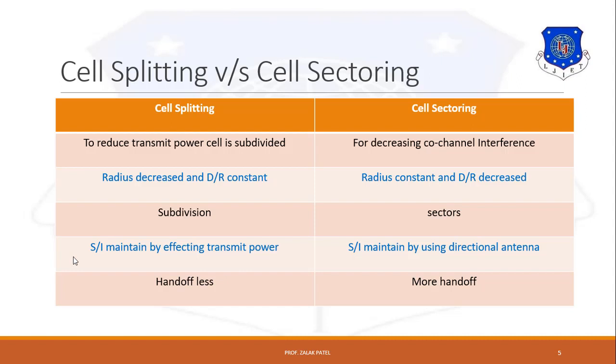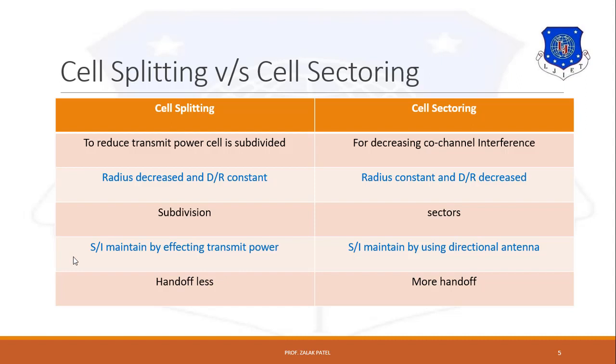Here, to maintain a good amount of signal strength and to decrease the interference level, the transmit power is maintained at such a level, while cell sectoring improves the S by R ratio by using different types of directional antenna, or by putting the directional antenna at the edges of different cells, as we discussed earlier.